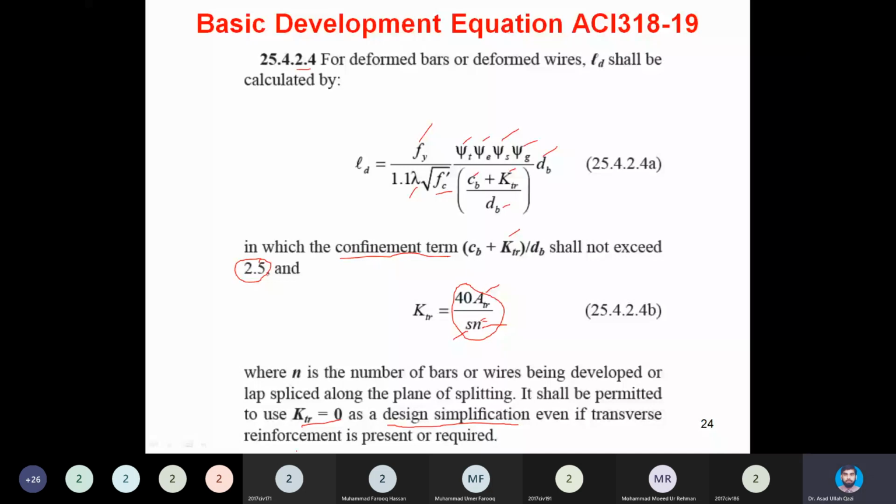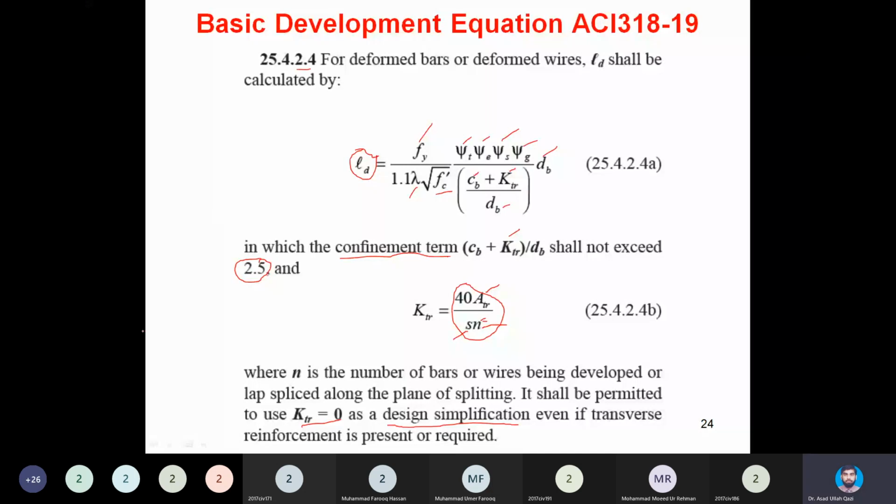So you are conservative, a little uneconomical, but you are allowed as a design simplification, or in some cases when you are not well informed regarding the shear design, the section details are not available, longitudinal sections, cross section details are not available, shear reinforcement is not known, then you can use KTR equal to 0. But then be ready, your LD will increase then.